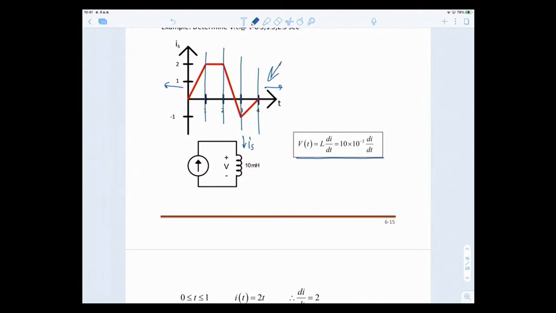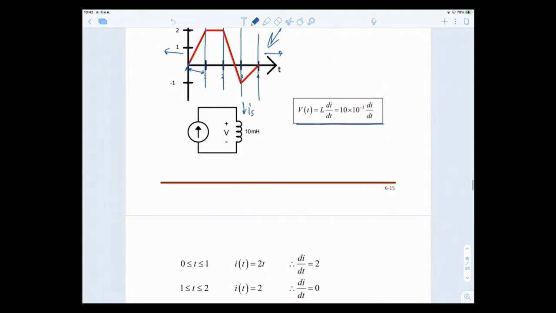In this portion the slope is 2 because the current changes by 2 in 1 second, going up, and it crosses the y axis at 0. So I of t in that section is 2t.